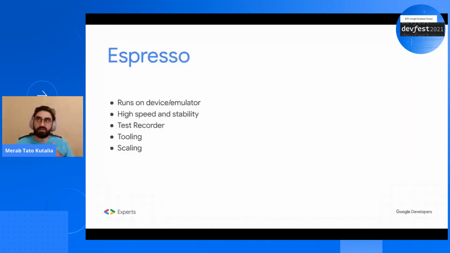The most interesting thing about Espresso is that it's very fast and stable compared to other UI testing frameworks, and it runs on our device or emulator together with the application.